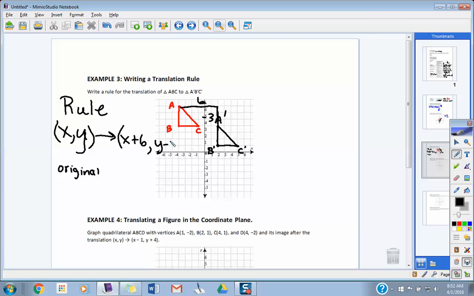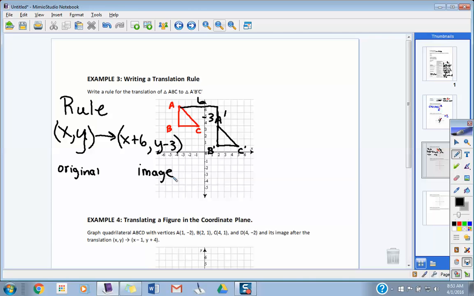All this is simply saying is to go from your original shape, which is x comma y, to an image shape, you would take the x values of your vertices and add 6, and subtract 3 from the y values. So let me tell you this.